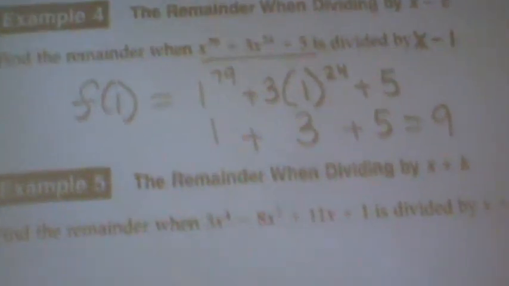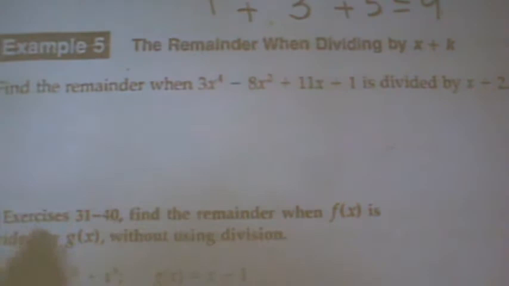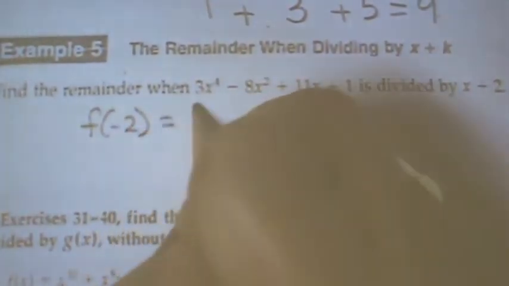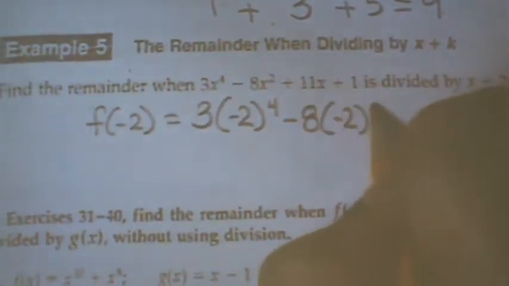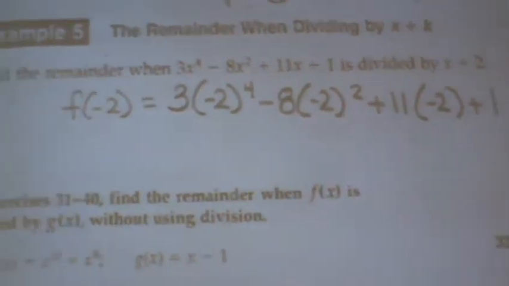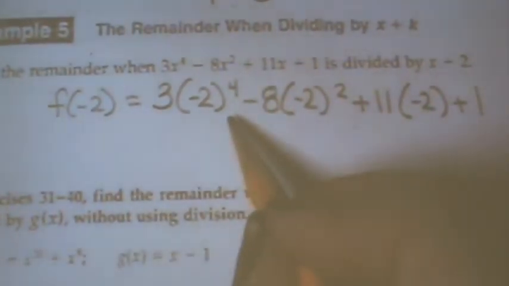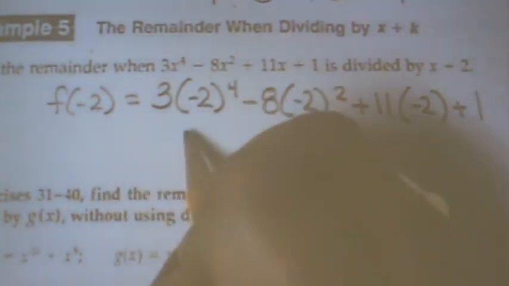This question says find the remainder. Same with example 5. It says find the remainder. So what are you going to do? You're going to take negative 2 and plug it in. F of negative 2. Good. If you plugged in negative 2 here, you would get 3 times negative 2 to the 4th minus 8 times negative 2 squared plus 11 times negative 2 plus 1. This is going to be 16. 16 times 3 is 48.